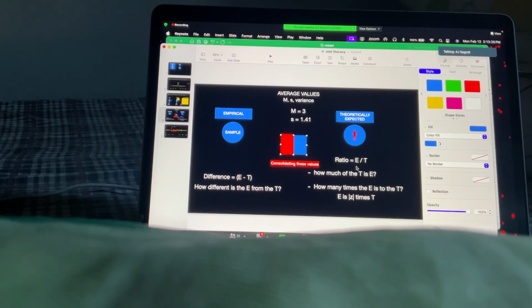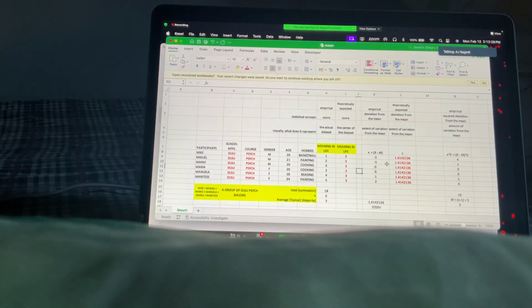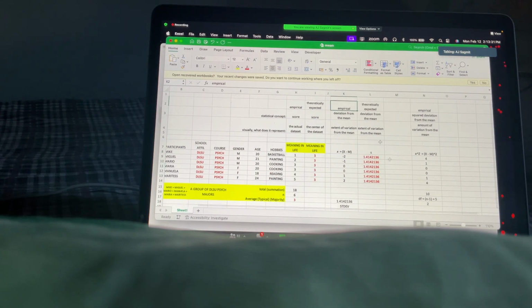Okay, so ratios. If we're going to use the ratio, empirical divided by theoretical, we have technically, the ratio here is equal to empirical divided by the theoretical. X minus mean over standard deviation. Familiar? This is how you curve your scores, right?